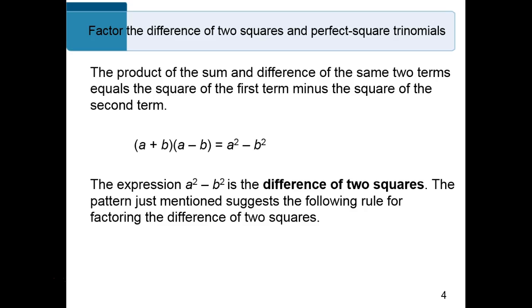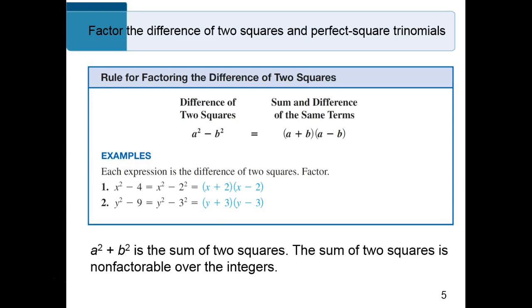If you recognize those as perfect squares, and you ever see that as a coefficient here or here, then you know this may be a difference of two perfect squares. So that expression, a squared minus b squared, is called the difference of two squares. And the pattern just mentioned suggests the following rule.